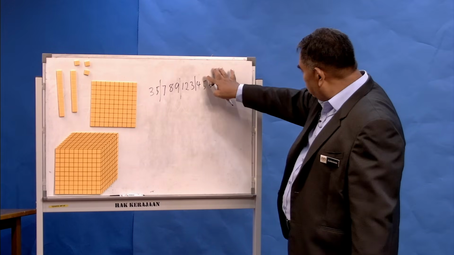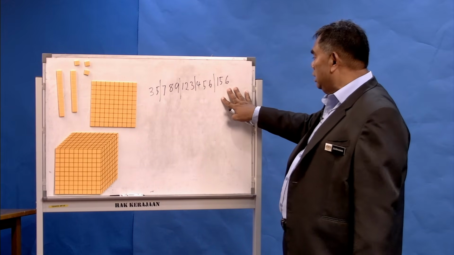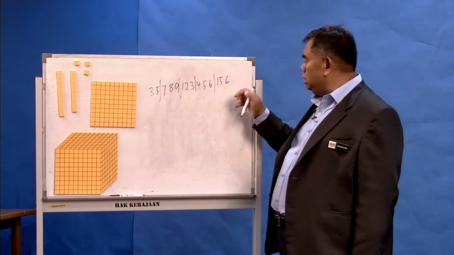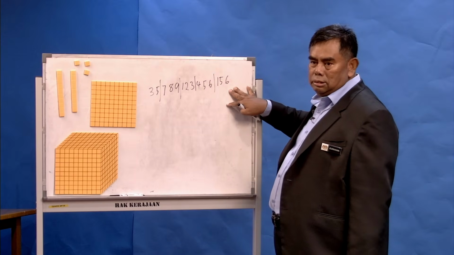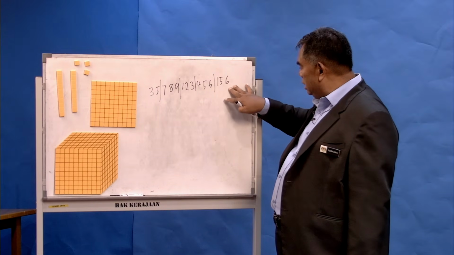The first 3 digits we call the basic, or the 100 family.